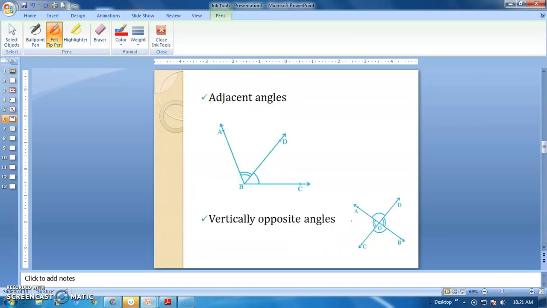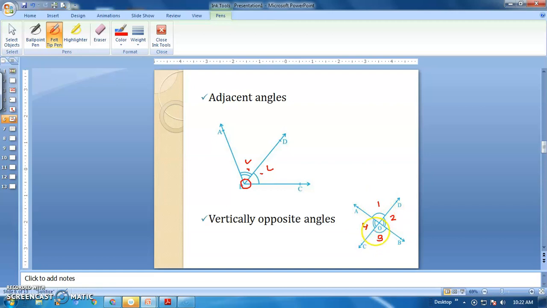And adjacent angles, if two angles lie on a common vertex, they are called adjacent angles. So here this angle and this angle lie on the common vertex B, therefore these two angles are said to be adjacent angles. And vertically opposite angles, they will form when two straight lines intersect, so 4 angles will be formed. So angle 1, 2, 3, 4.